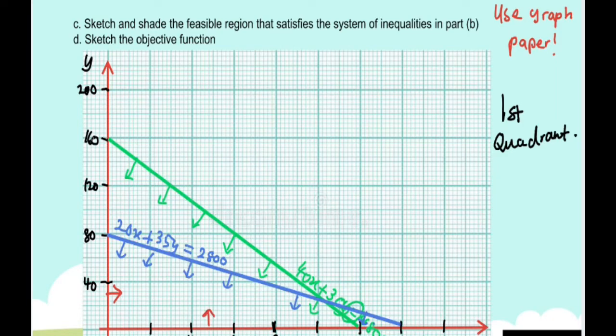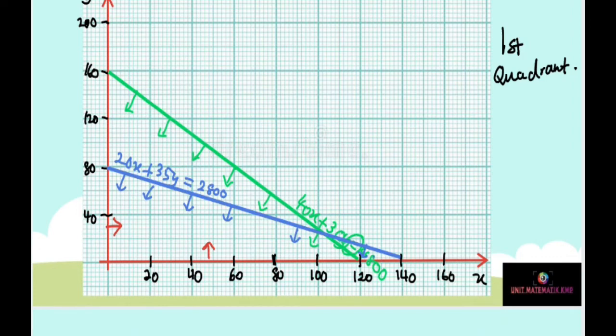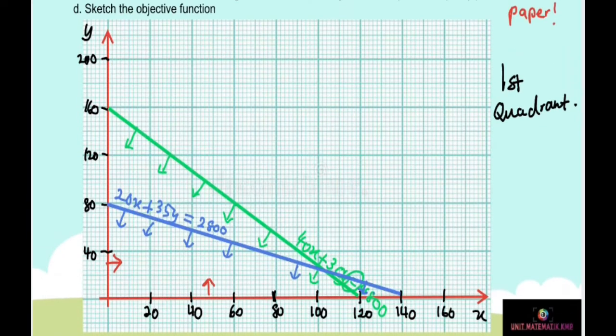So the other lines for x less than 0 and y less than 0, just delete them. When we look at the arrows, we can find the feasible region. All the arrows must meet at one point in the center. So the feasible region must be here.